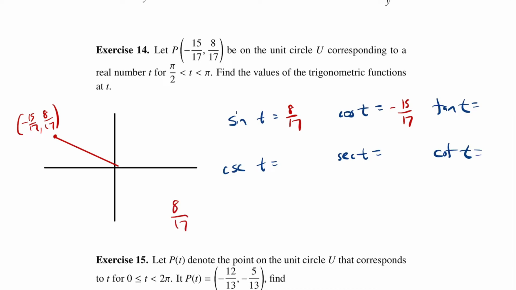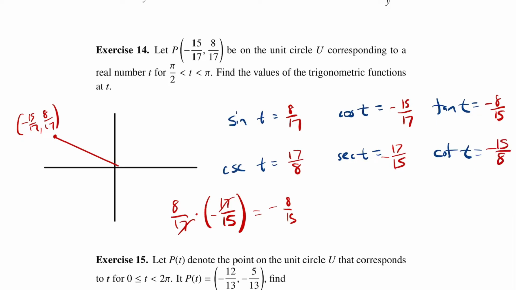Y divided by x is the same thing as multiplying by the reciprocal. So here is y divided by, I'm going to change that to multiplication, and then I'm going to take the reciprocal of the x coordinate, and then you will see that you get cancellation. You get negative 8 over 15. And then, of course, these are the reciprocals of the corresponding trig functions above. And those are the 6 answers.